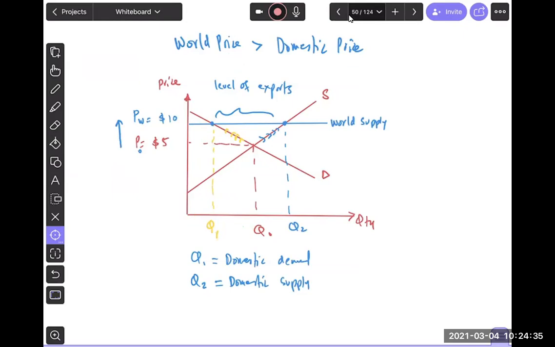Q0 minus Q1 are those who were getting the good but now can't. And it's actually a true story about Pakistani mangoes. If you look at Pakistani mangoes, they are exported. The better quality mangoes don't even come to the Pakistani market. And if they do, they're sold at probably the world price, barring the transportation cost. Whatever the price of those high quality mangoes is, people are willing to pay that price.